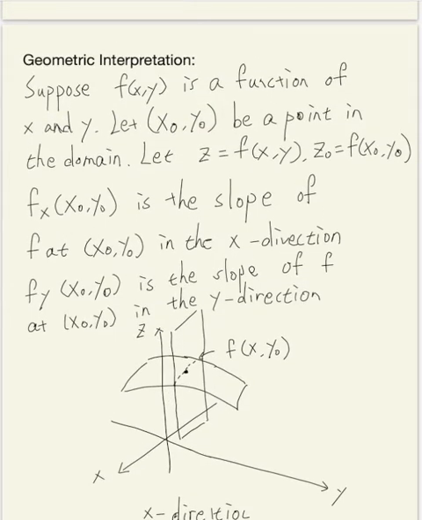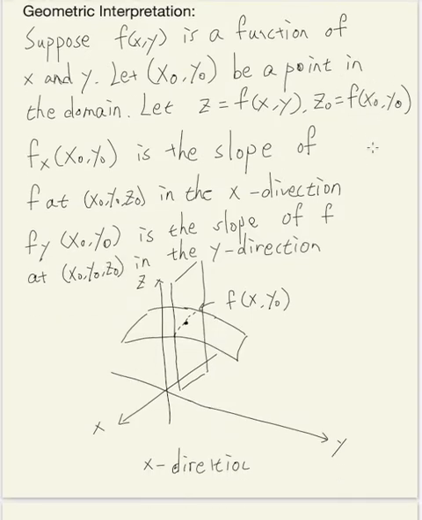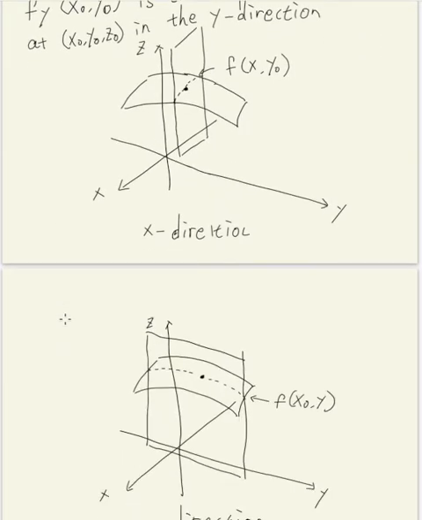Is the slope of f at x naught, y naught, z naught, where z naught is defined here. It can be computed from x naught and y naught.